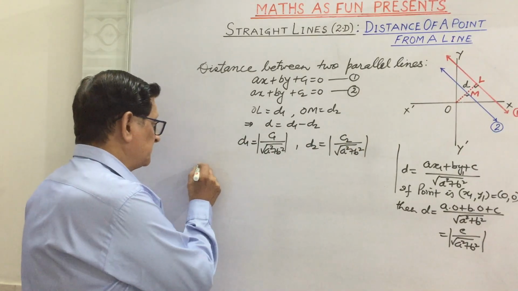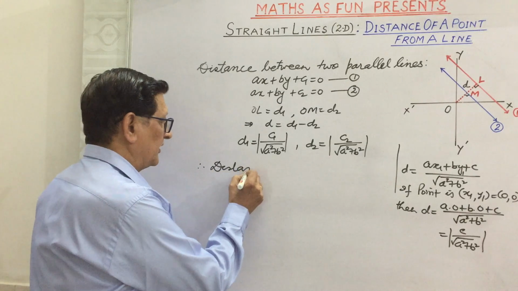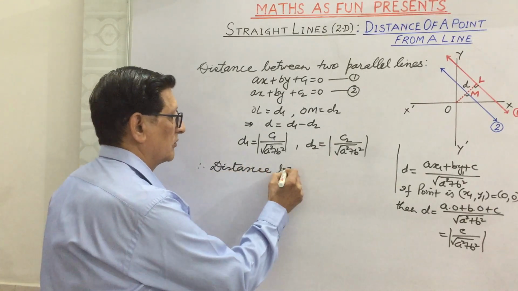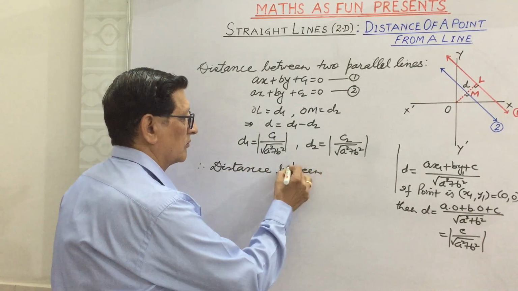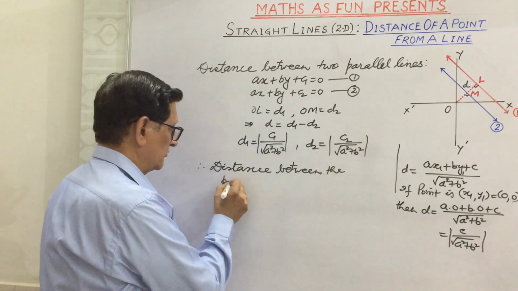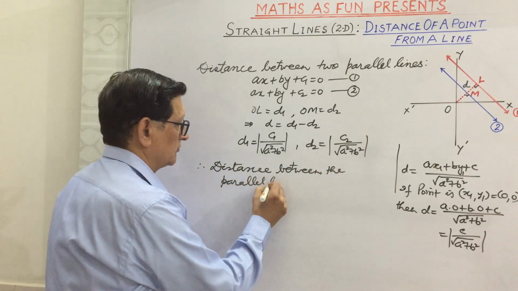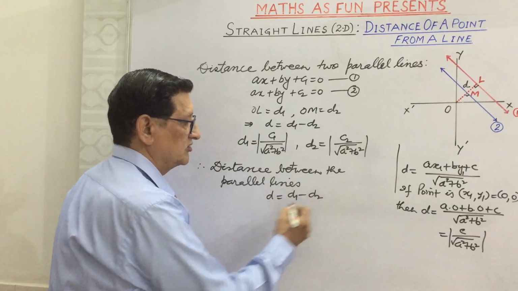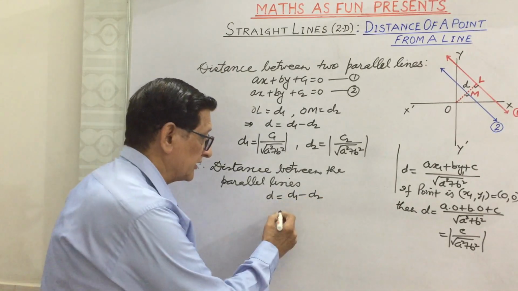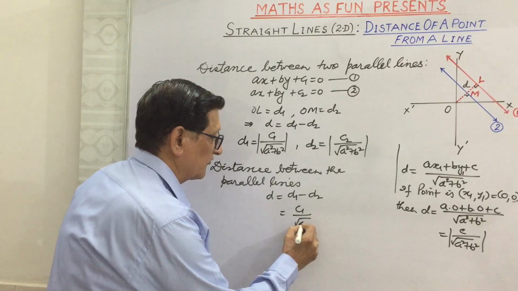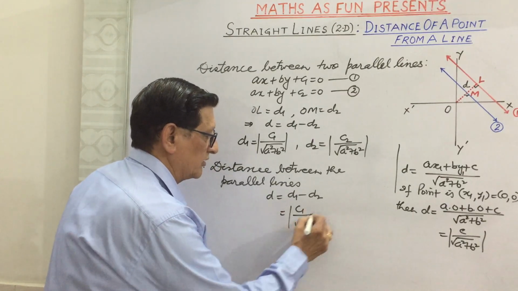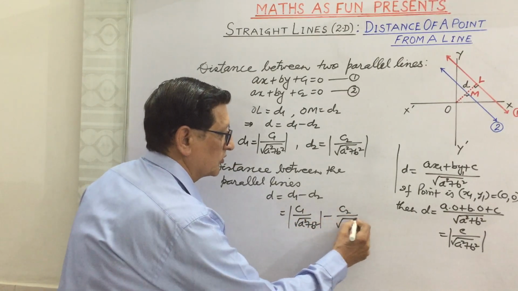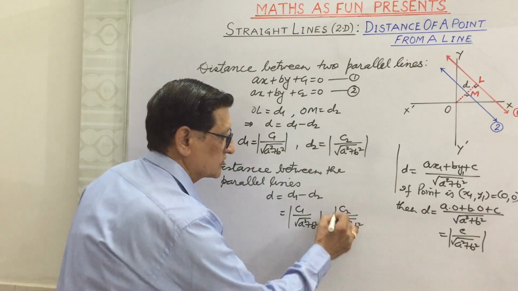So the distance between the parallel lines will be d is equal to d1 minus d2, and that is C1 upon root of A square plus B square minus C2 upon root of A square plus B square.